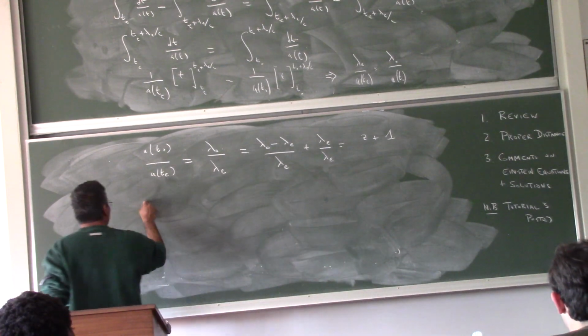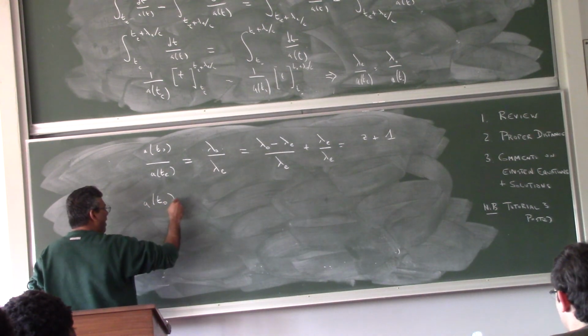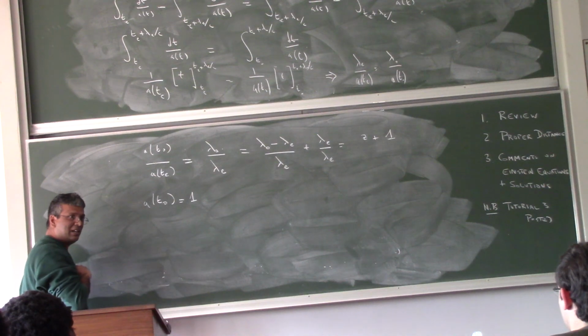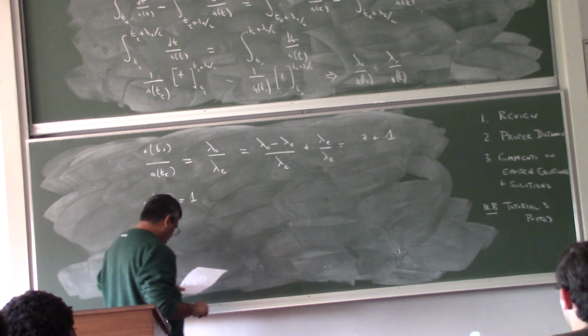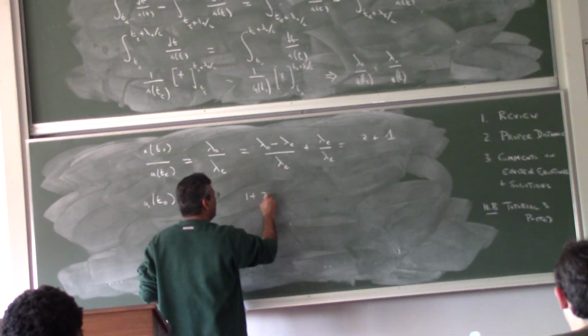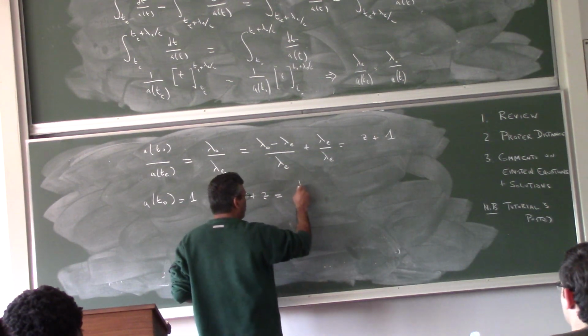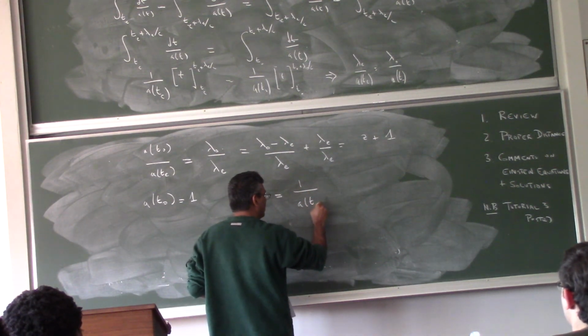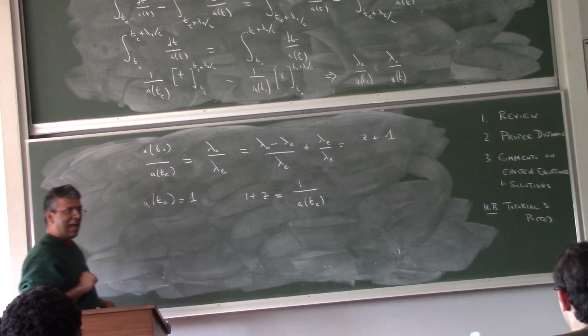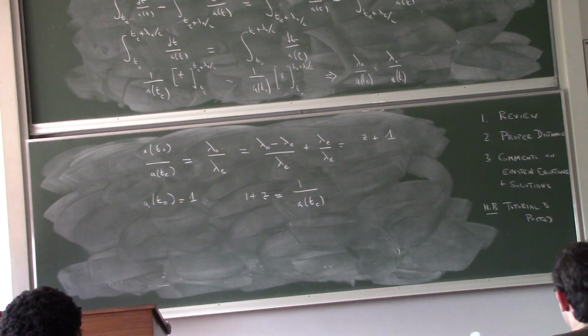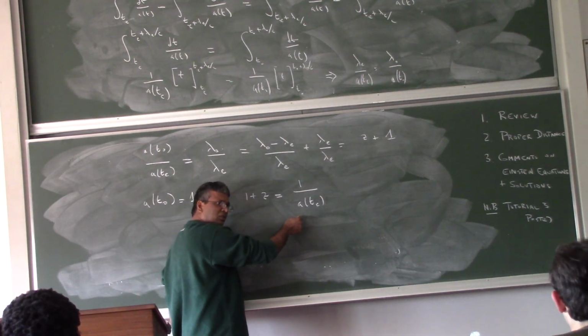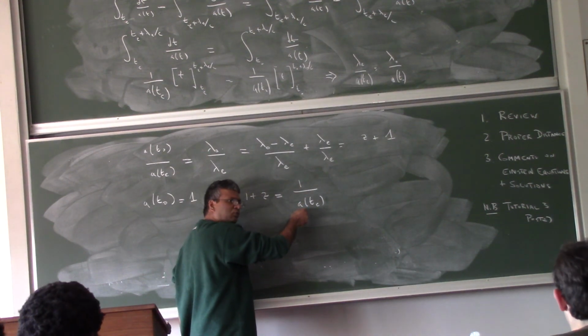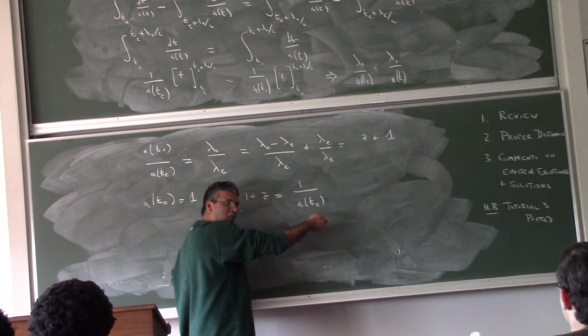So we've normalized things so the scale factor today is 1. So 1 plus Z is 1 over the scale factor at emission. We know the universe was smaller in the past, so 1 over something smaller than 1 is going to be bigger than 1.